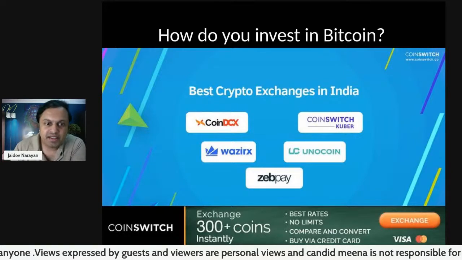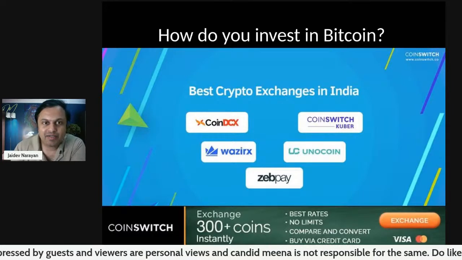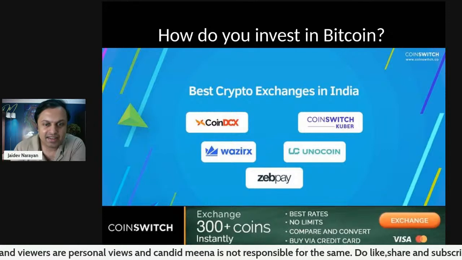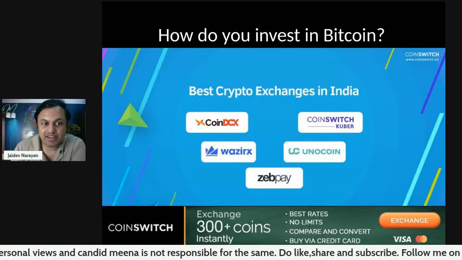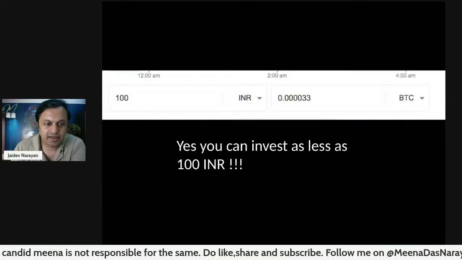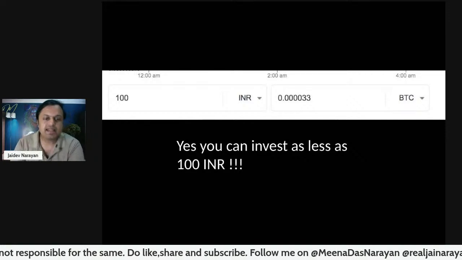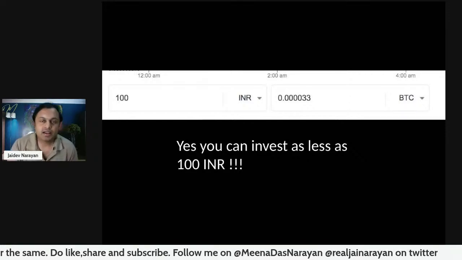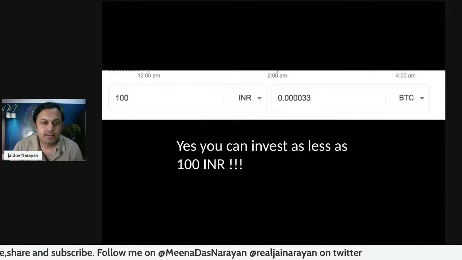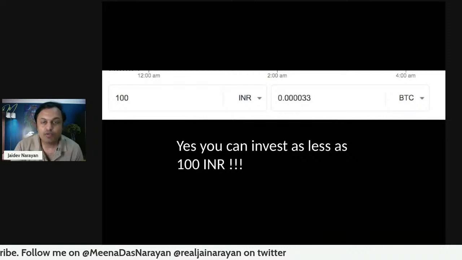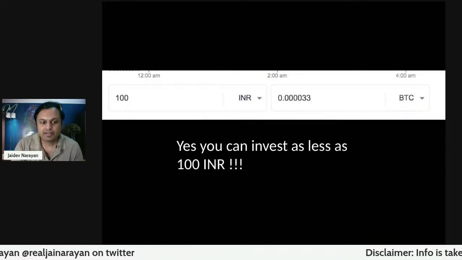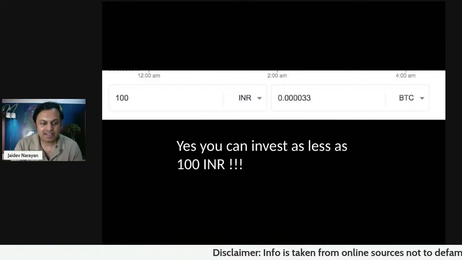So now the question is, do I need a minimum of 30 or 40 lakhs to invest in Bitcoin? The answer is no. You can invest as little as 100 Indian rupees, and you can buy a small portion of one Bitcoin, right? You need not buy the entire Bitcoin.